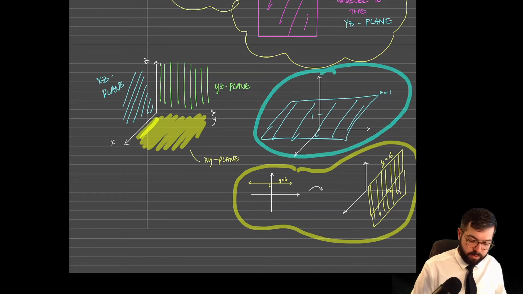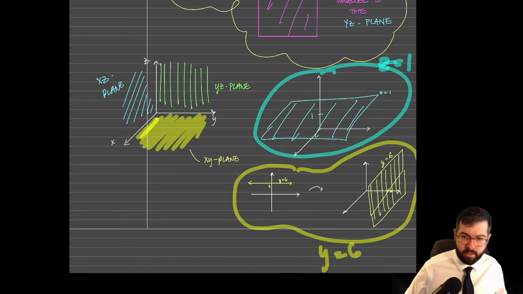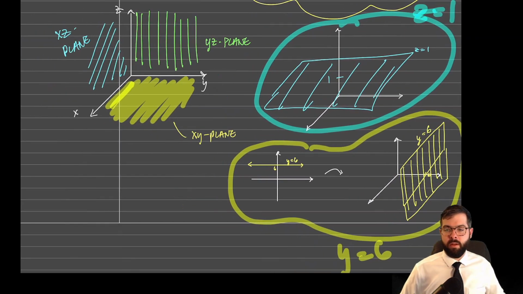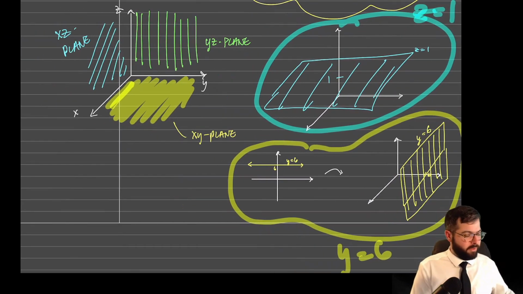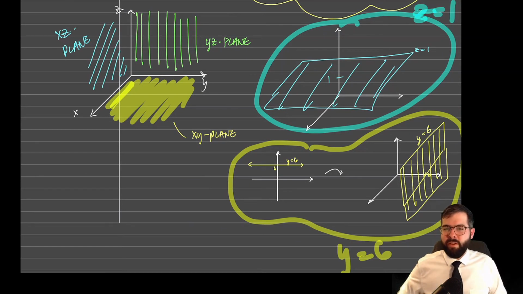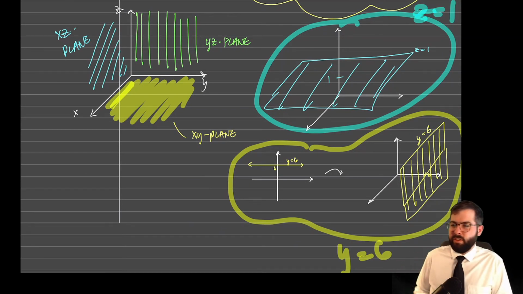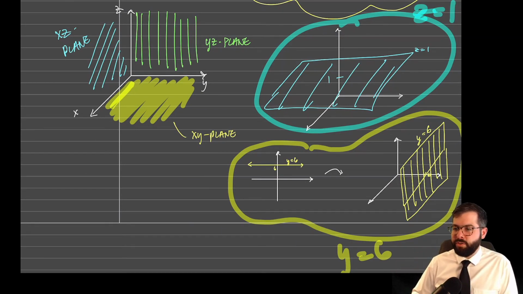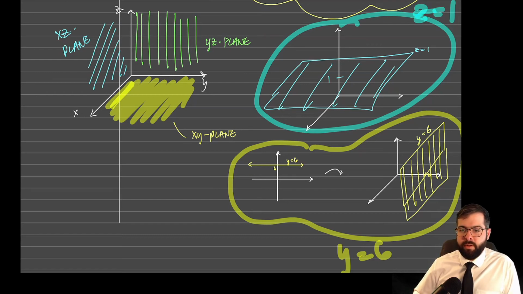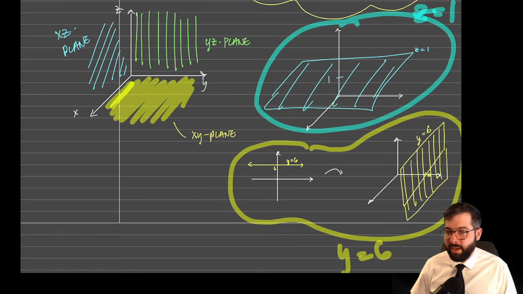So here's z equals 1, and here's y equals 6. Z equals 1 obviously doesn't live in the xy plane, so you wouldn't see it in R2. There is no z. And so it's just going to be a plane of all the points xy that have a height of 1.